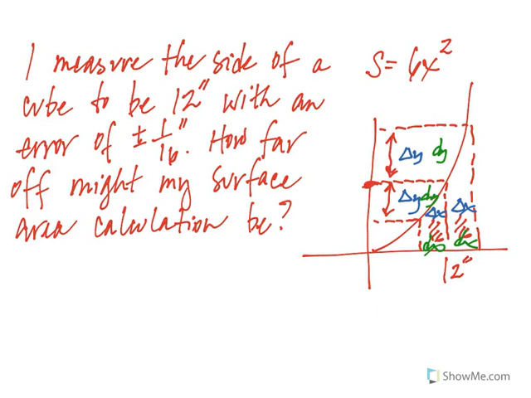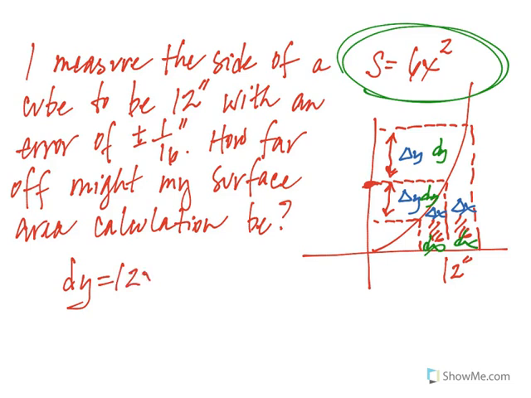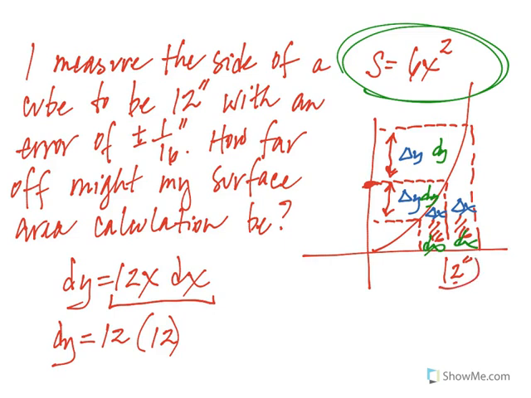All right, well, how do I get dy? I get dy by deriving my function. So if I take that and I derive it, I'm going to get dy is equal to 12x to the first dx. And by the way, I'm using y for s and x for x, obviously. All right, well, this is how far off my possible calculation of surface area could be. All I need to do is plug in some values here. So I've got dy is equal to 12, and I'm going to use the easier value that I know.